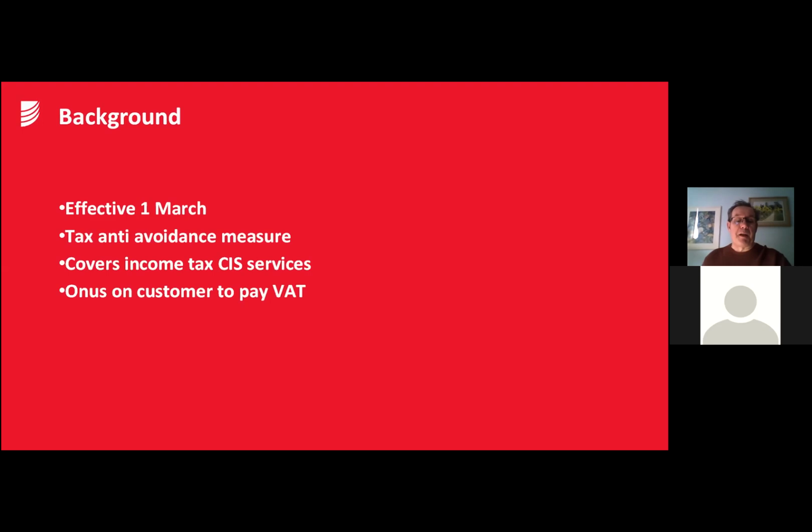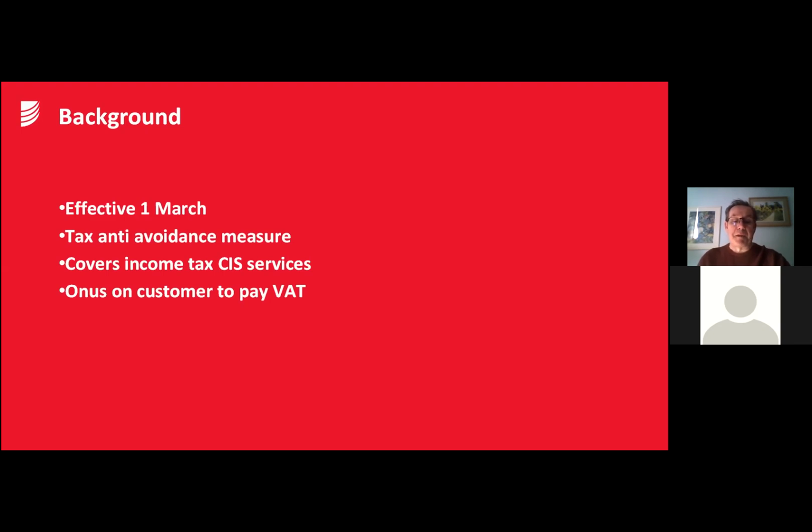The new rules apply only to businesses that are supplying their construction services to other businesses in the supply chain. It does not apply to the end user. VAT registered businesses that receive supplies of these services from another VAT registered business will be required to account for the VAT through their VAT return instead of paying the VAT to the supplier.